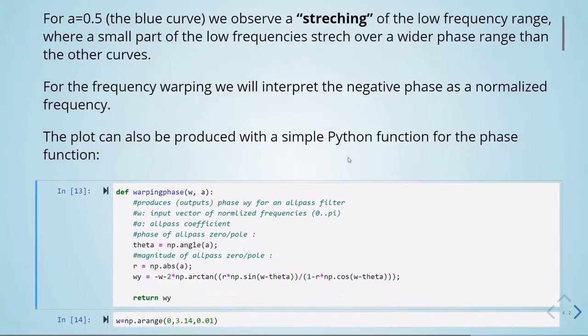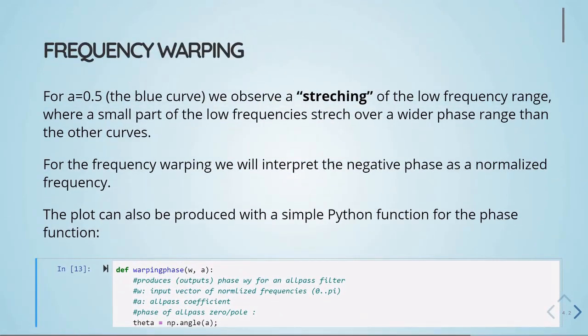We see that for a equals 0.5, that's the blue curve, we observe a stretching of the low frequency range, where a small part of the low frequencies stretches over a wider phase range than the other curves.